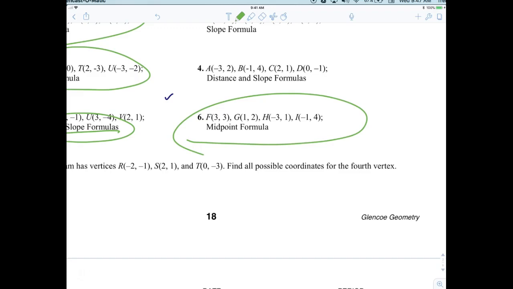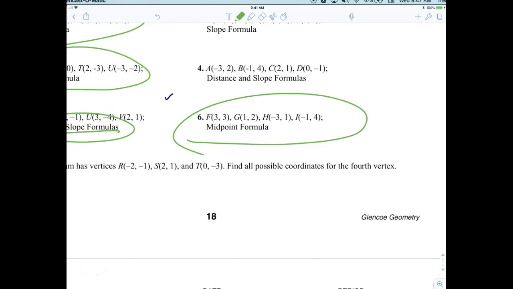If those midpoints are the same, then it's automatically a parallelogram, because in that case the diagonals bisect each other. If you construct a quadrilateral and the diagonals bisect each other, then it's automatically a parallelogram. That's what they're trying to say.